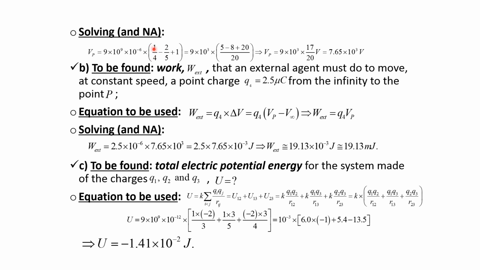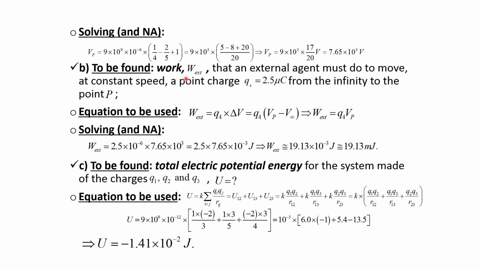Charge 1 is 1 over its distance to the point P, minus 2 over 5, charge 2 equals minus 2 microcoulombs, plus 1, because charge 3 is equal to 3 microcoulombs and the distance between charge 3 and the point P is 3 meters. Then the potential at point P equals 7.65 times 10 to the power 3 volts.